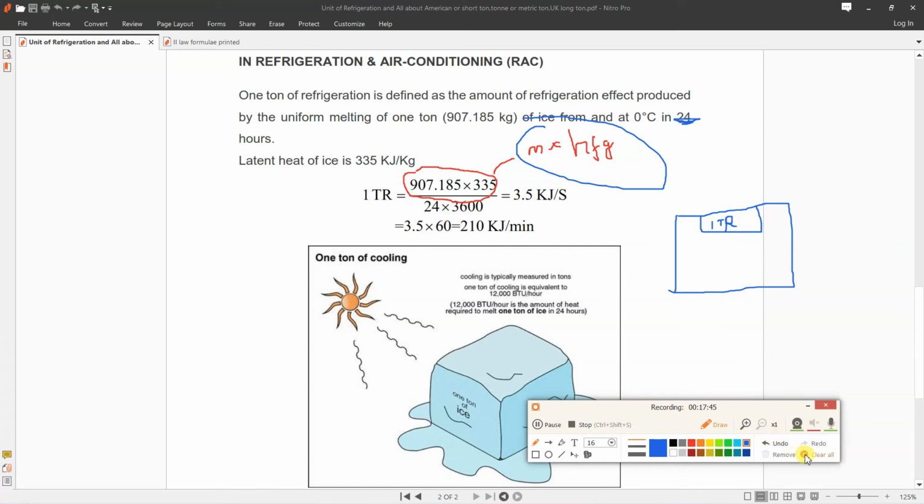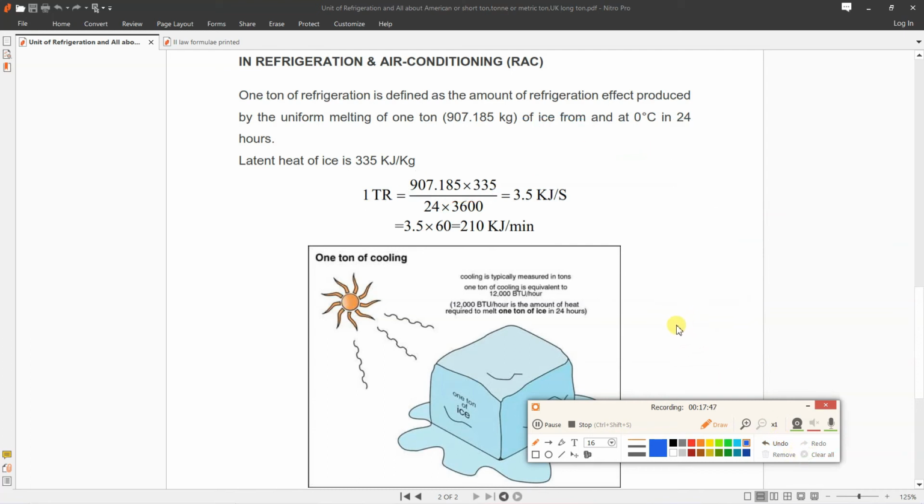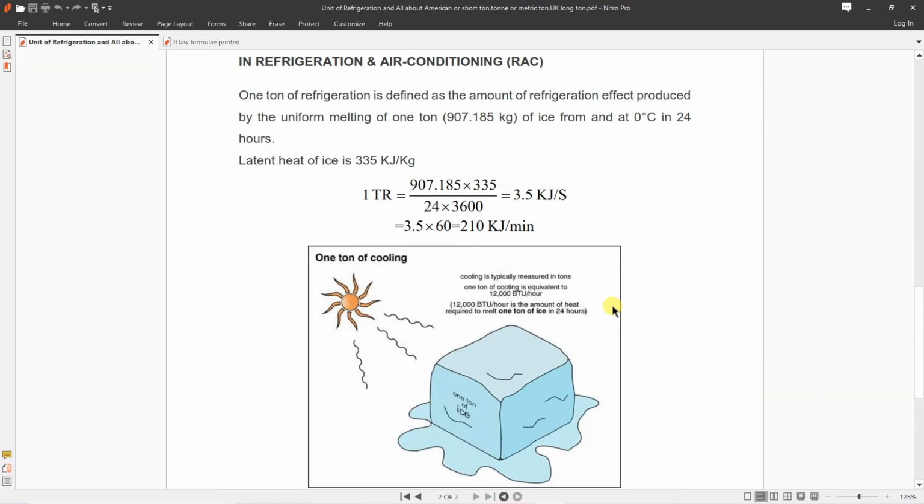Now, for numericals, we might require some other units of 1 TR as well, so we'll see the different units. 1 TR is 3.5 kilojoule per second, a very important relation.